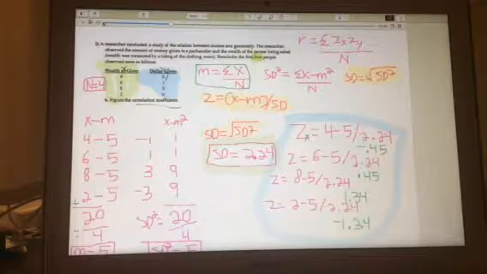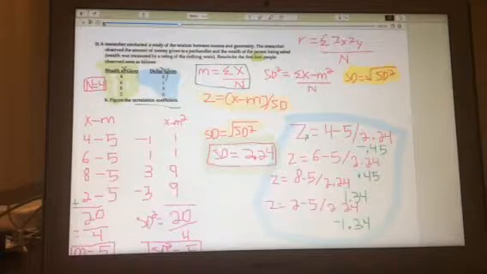So SD squared equals 20 over n, which is 4 in our case, and we get 5. So this is our variance: SD squared equals 5.